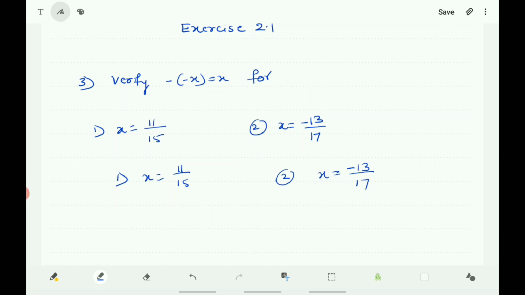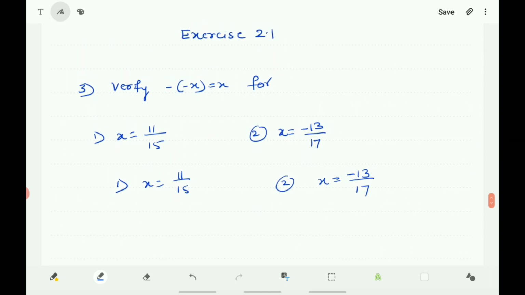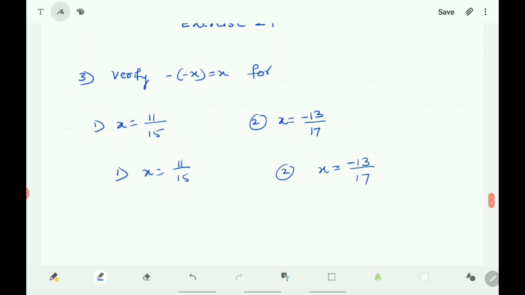Children, it is a continuation of rational numbers, and let us continue exercise 2.1. The third question is verify minus of minus x is equal to x. For the first one, x is equal to 11 by 15. Now consider minus of minus x.